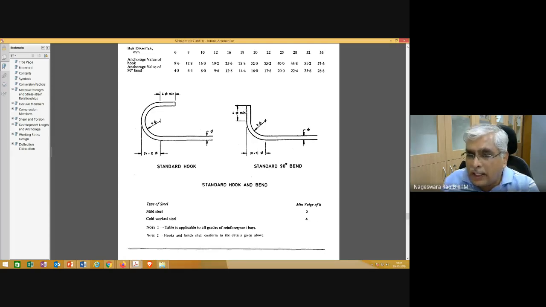And let's say this straight portion, along with the equivalent anchorage value of this bend together, still does not make up the anchorage length that is required. Then you need to extend this bar beyond this point. That is what is done in this example.